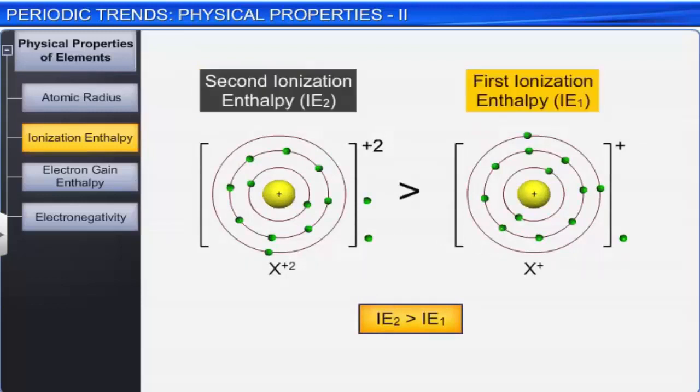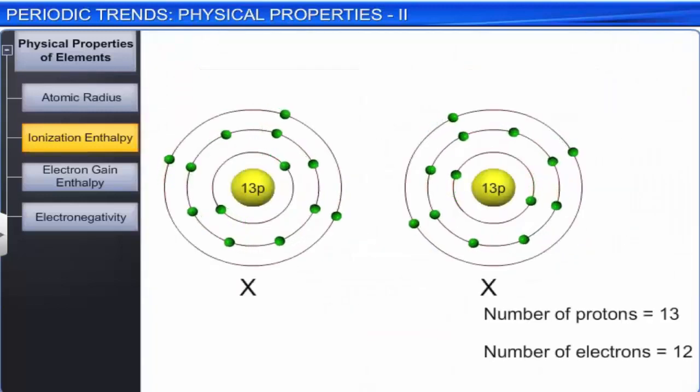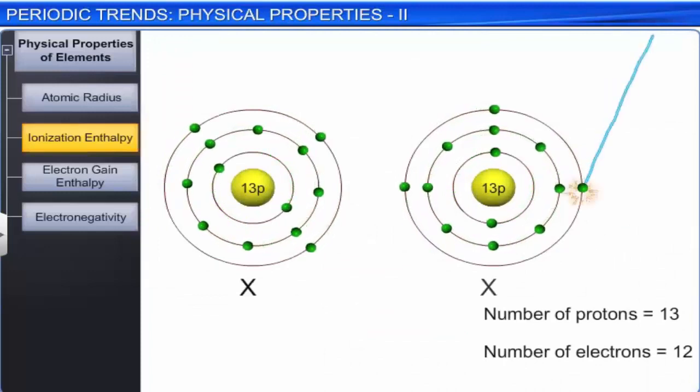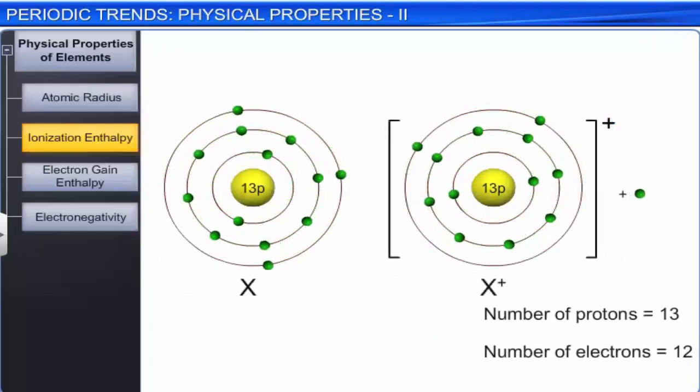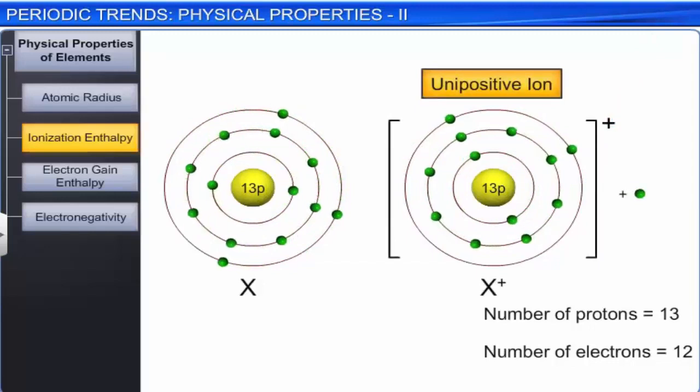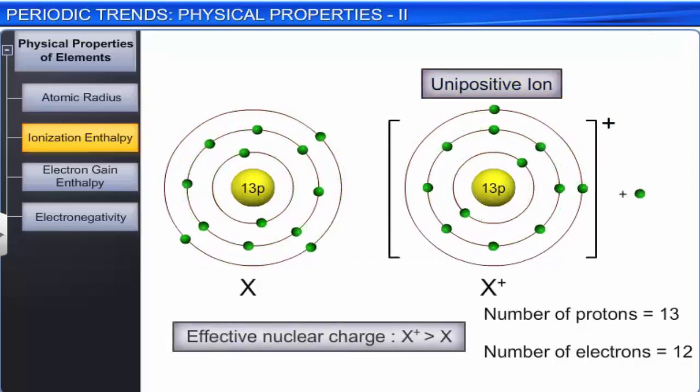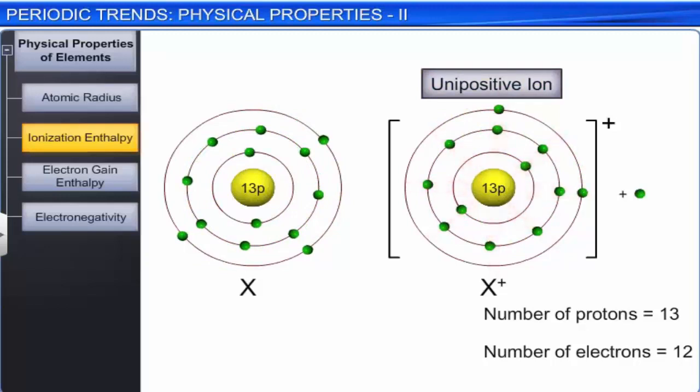This is because, on removing an electron, the unipositive ion formed will have more effective nuclear charge. Due to this, the nuclear attraction on the electrons increases, and hence, more energy is required to remove an electron from the unipositive ion.